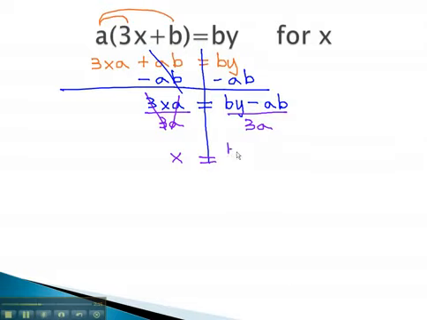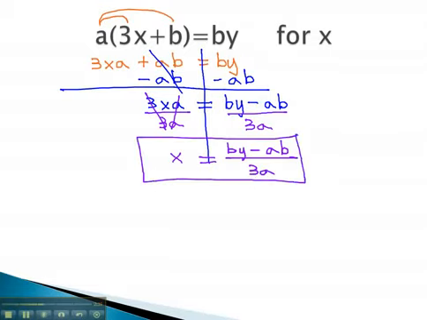X is now alone, and it's equal to the expression by minus ab over 3a. It is important to note that although we have an a in the denominator and the numerator, we cannot divide the a out because of the subtraction in the problem. If there is any adding or subtracting in a fraction, we cannot do any reducing.